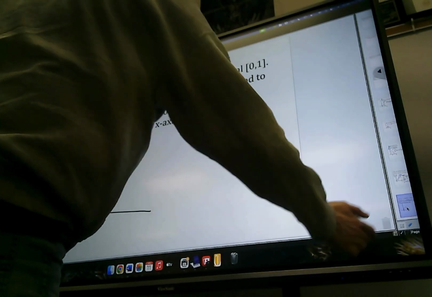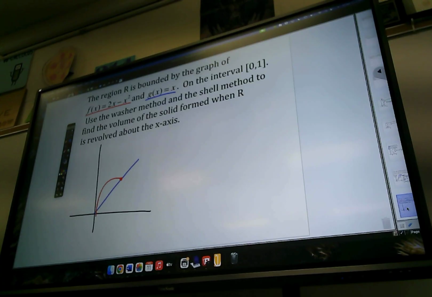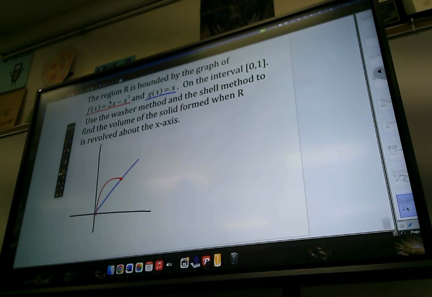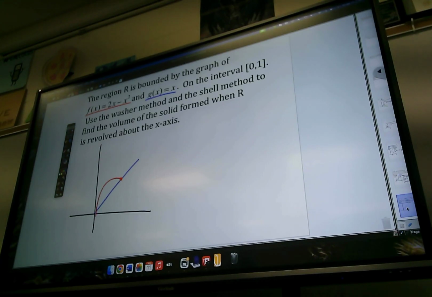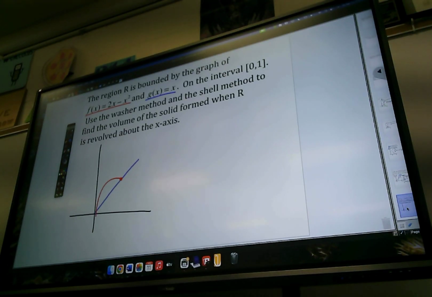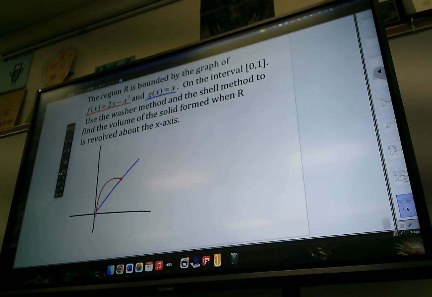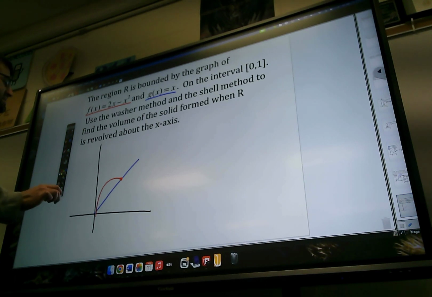Last but not least, it says the region by the graph of f of x equals 2x minus x squared and g of x equals x. On the interval from 0 to 1, use the washer method and the shell method to find the volume of the solid formed when R is revolved around the x-axis.